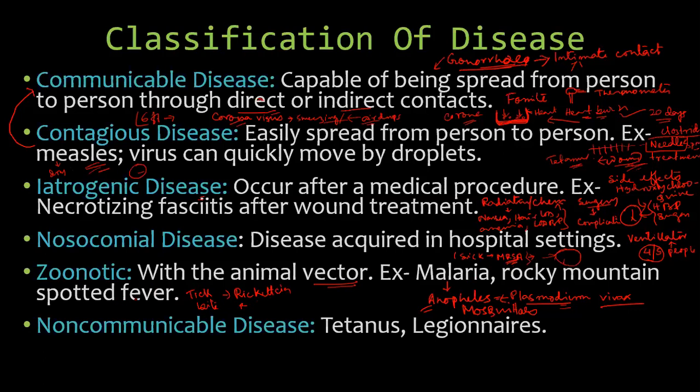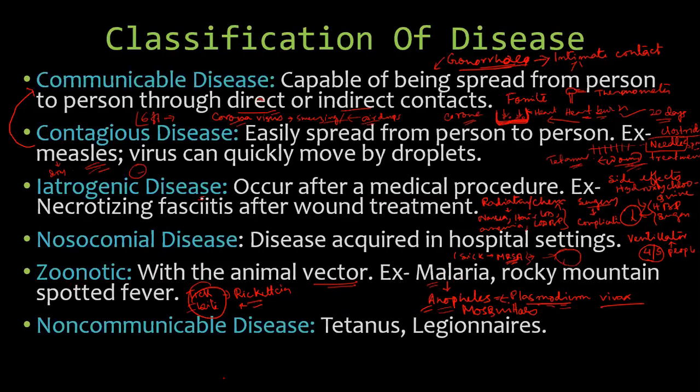Anyway, the tick and the mosquito are the vectors. They don't have any disease. They are not infected with the pathogen, but they are going to infect the person whom they bite. That parasite came from this animal, and that's why it is zoonotic.